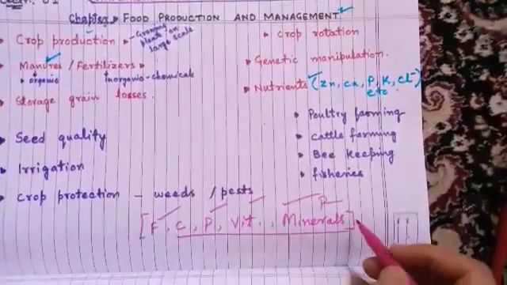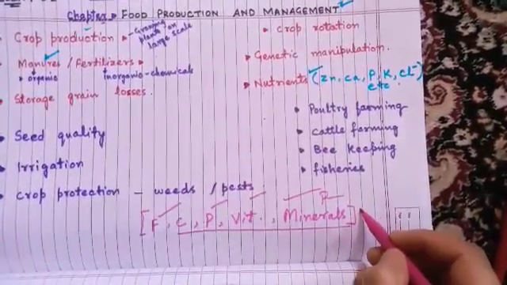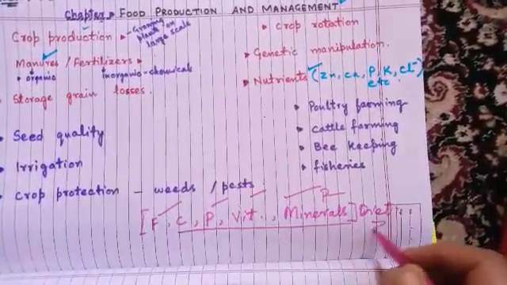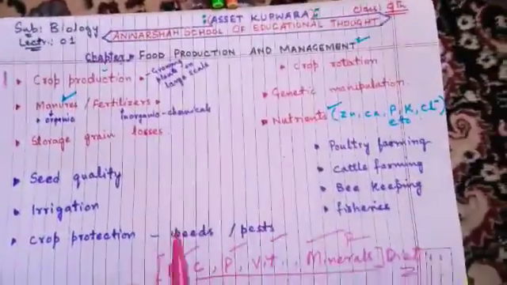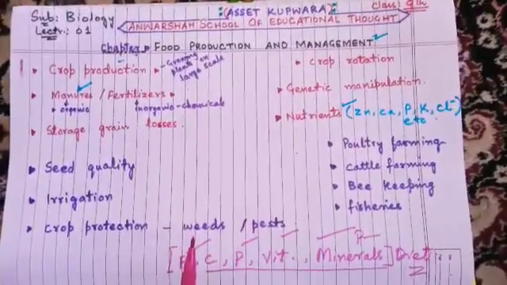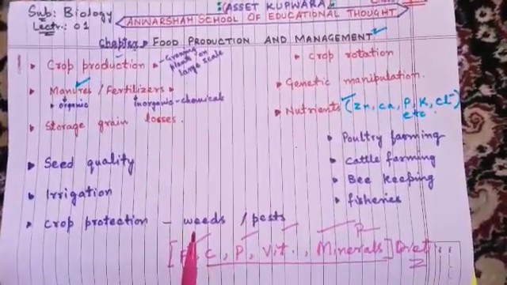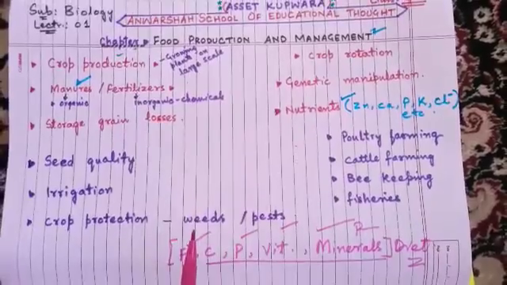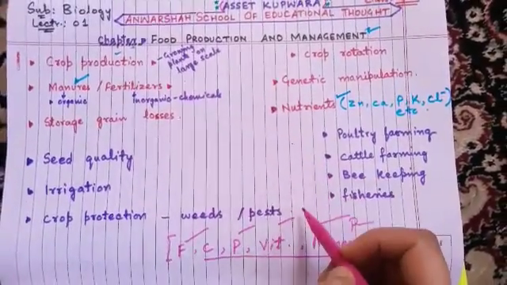So all these components of food we need in our diet. Now, where does this food come from? It comes from either plant sources or animal sources. We will discuss both the sources.